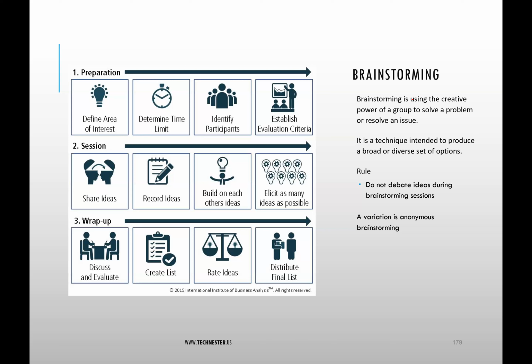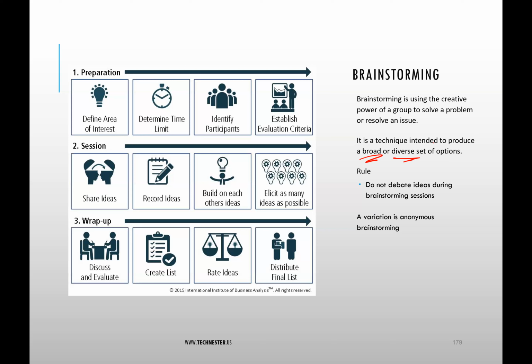So back to the topic we're discussing, brainstorming. With brainstorming, you want to use the power of a group to solve a problem or resolve an issue. The group, not one person. Now, brainstorming is intended to produce what? Broad and diverse sets of options.